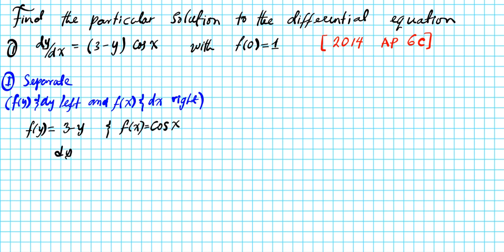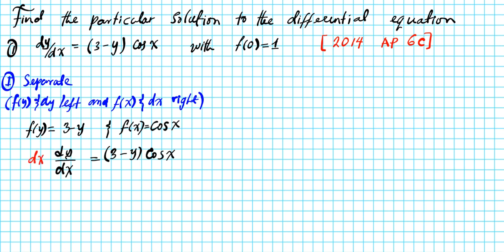So we have dy/dx equals (3 minus y) cosine x. Now you can separate the variables in just one step, but I'm going to break it down into 2 steps so that I don't lose anyone. Okay, let's move dx to the right first.